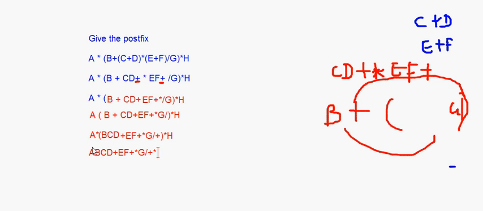Okay, and then this whole thing is there in the bracket, and then again you have got into H. So now what will it be? ABCD plus EF plus into G divided by plus into, now H will come and after that into will come, right? Got it? So this, the last one that we have written, this is your postfix expression.